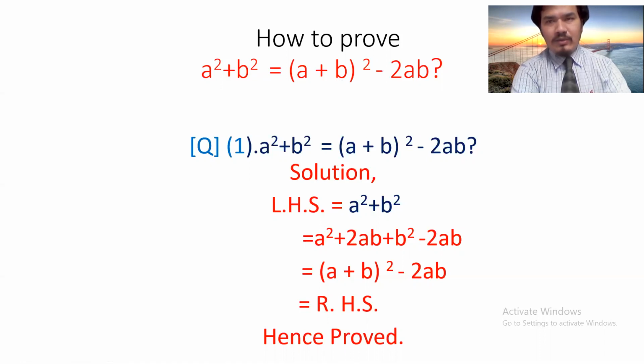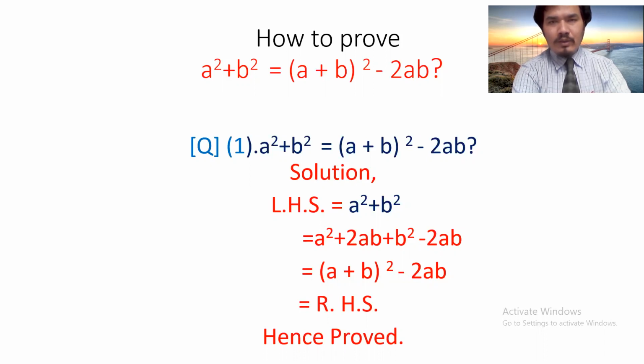I have also told you that a square plus b square has two formulas, and those formulas should be used on the basis of the given values. How both formulas are derived and proved, I am going to show in this video.